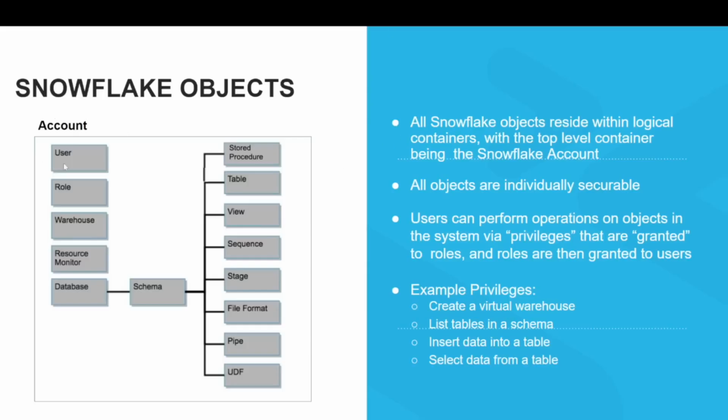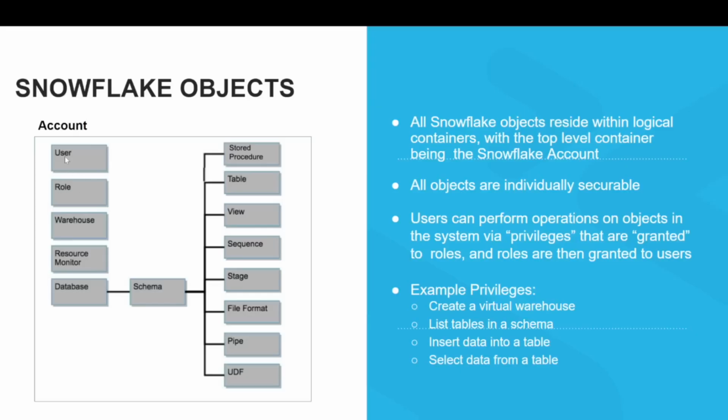All objects are individually securable. Users can perform operations on objects in the system via privileges that are granted to the roles, and the roles are granted to the users. So under the account, you will have different users, you will have different roles, and these roles will have different privileges which are granted to them. And now these roles are assigned to different users.